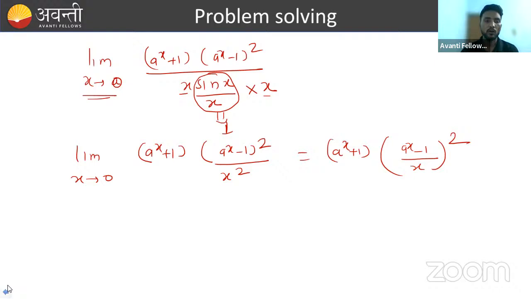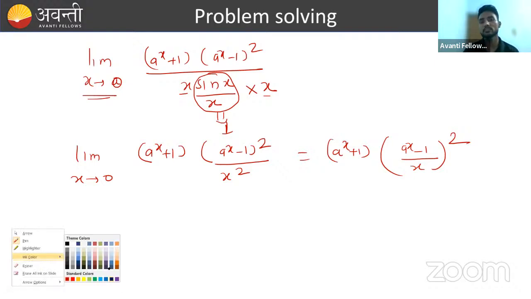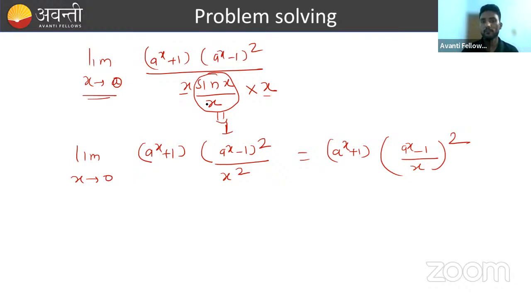After that, we know that everything is sorted. We have converted everything into standard form, and we know that limit x tending to 0, a to the power x minus 1 divided by x is, we have seen the formula already, ln a. You have to remember that.